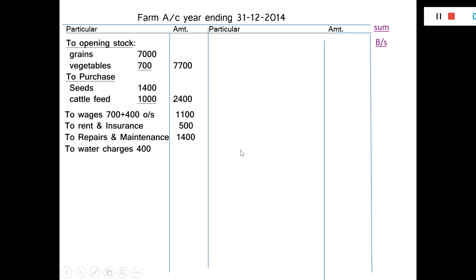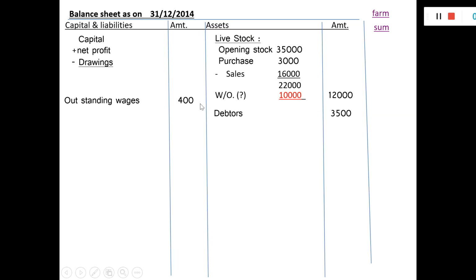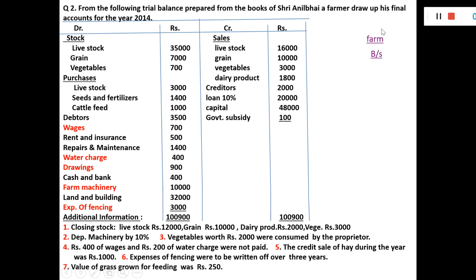Water charges 400, outstanding 200, total amount 600 will be written in the outer columns. So the second effect of the outstanding amount, both for the wages and water charges, will be given as a liability in the balance sheet. Outstanding wages 400, outstanding water charges 200. Go to the sum again.